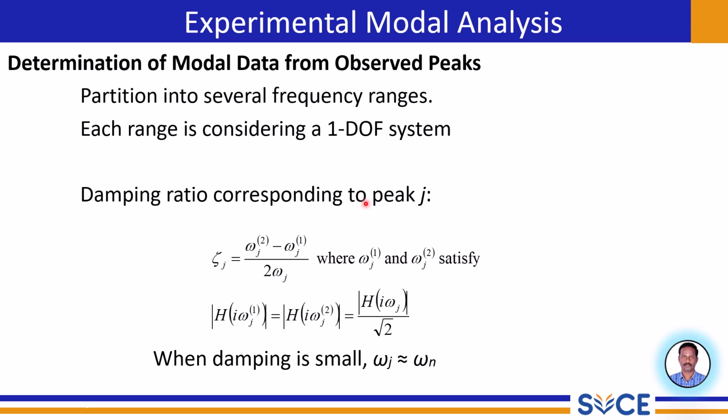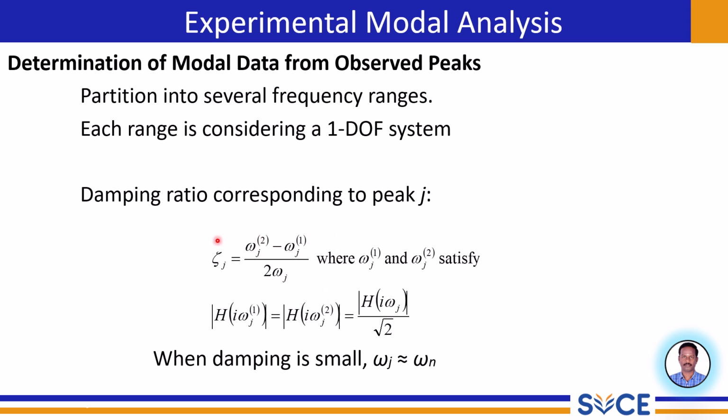That is, using that method, we find the width of the resonance peak at a level that is approximately 0.707 times the peak amplitude. This is the bandwidth, given as delta omega j, which is nothing but the difference between omega 2 minus omega 1. The damping ratio is approximately half of the ratio of this bandwidth to the resonant frequency.